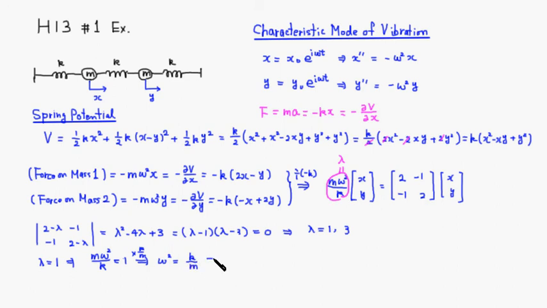Then take the square root of both sides. We get w is equal to the square root of k over m. Since w is a frequency, we only consider the positive one. If it's negative, we just go in the other way around. So this is called the characteristic frequency.